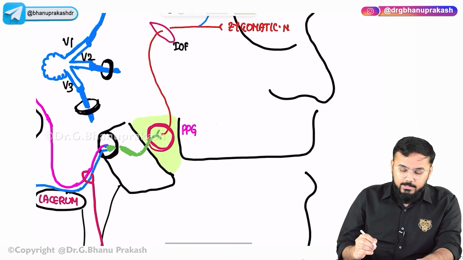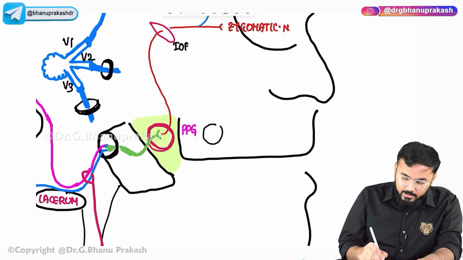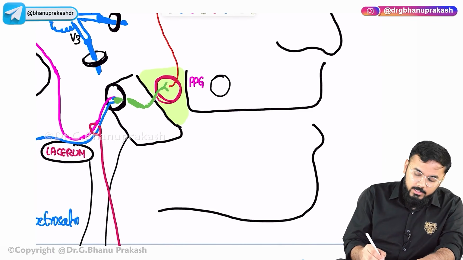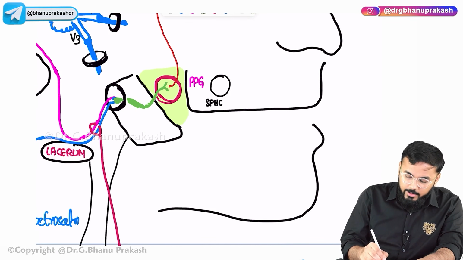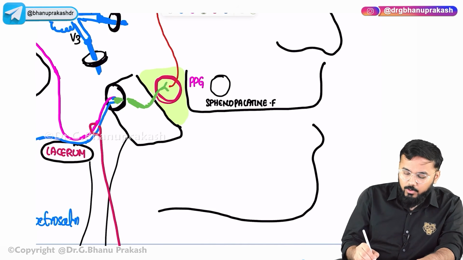Now just behind this pterygopalatine ganglion, you have a foramen here. This foramen is called the spinopalatine foramen. Okay. What is the name of this foramen? This is called the spinopalatine foramen.